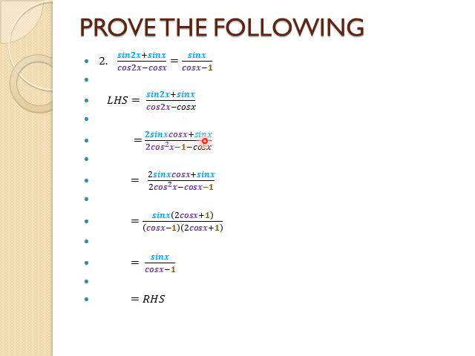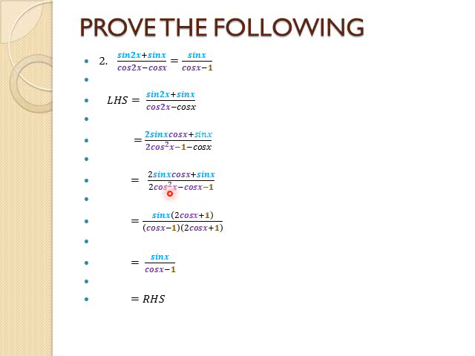On either side of the plus sign, you can see a common factor, sin x. Before I take that out, let me just rearrange the bottom: 2 cos squared x minus cos x minus 1. On the top, I take out sin x as a common factor, and what's left is 2 cos x, and sin x divided by sin x gives 1, plus 1.